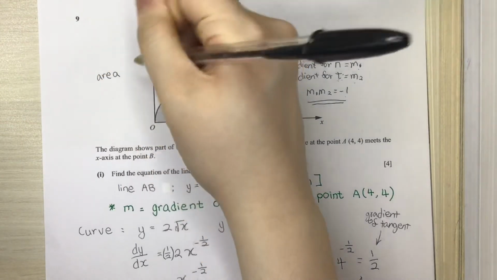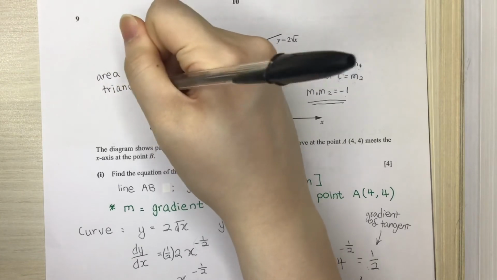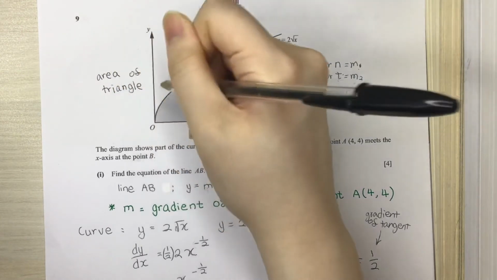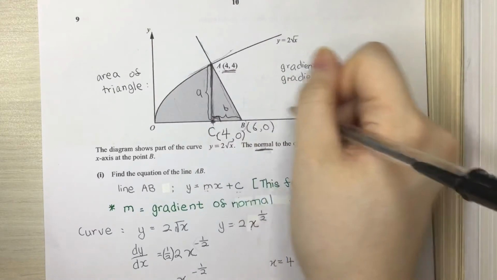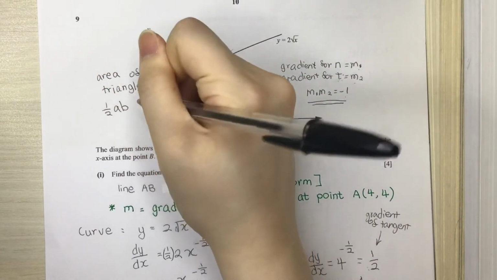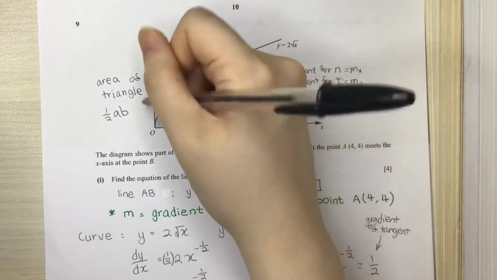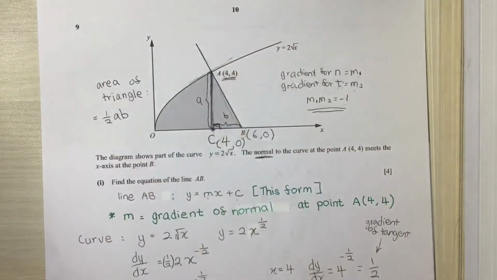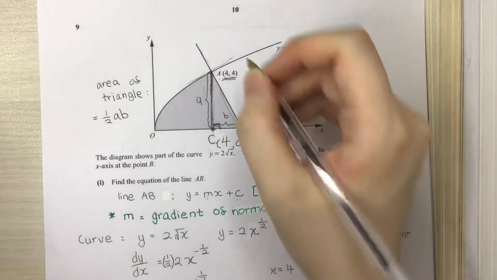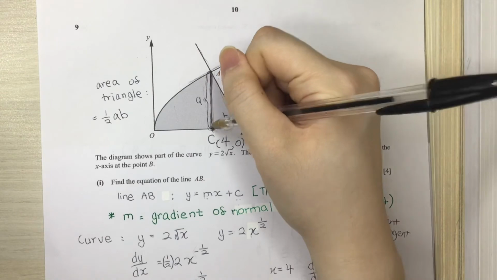So area of triangle is, just in case you don't remember, it's best to memorize it. So it's half times its height multiplied by its base. Okay, so what's the height of this triangle over here?